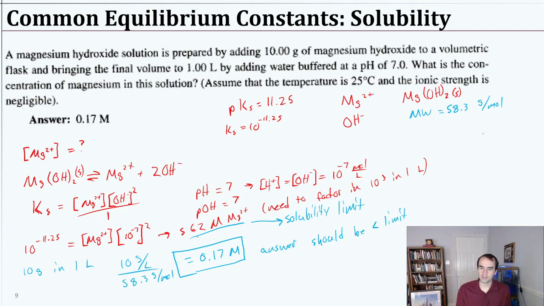And we can very clearly see that 0.17 is much lower than 560. By the way, they did use 2 significant figures here. Technically, in my response here, I should have written that as 560 to keep 2 significant figures. So, okay, there we go.